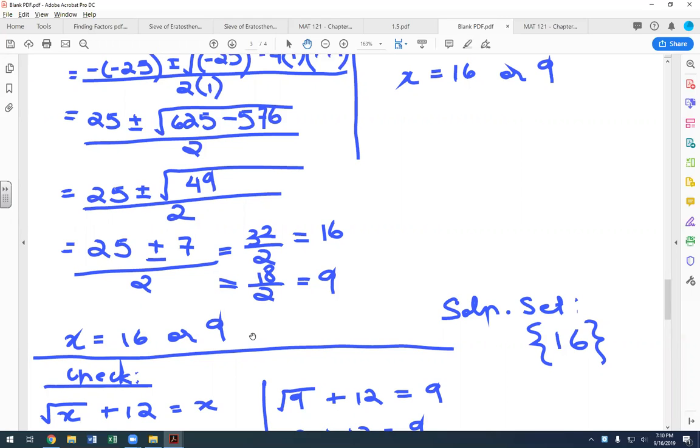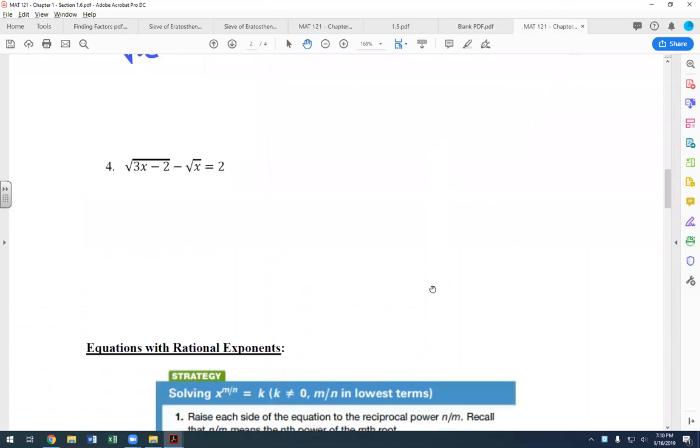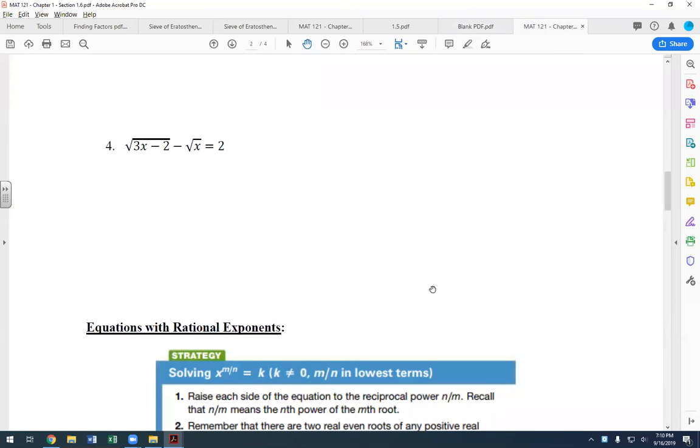Okay? What do you guys think of the next example? So remember, our first step is to isolate our square roots, get them on one side. So that means I actually need to move that square root of x to the other side.